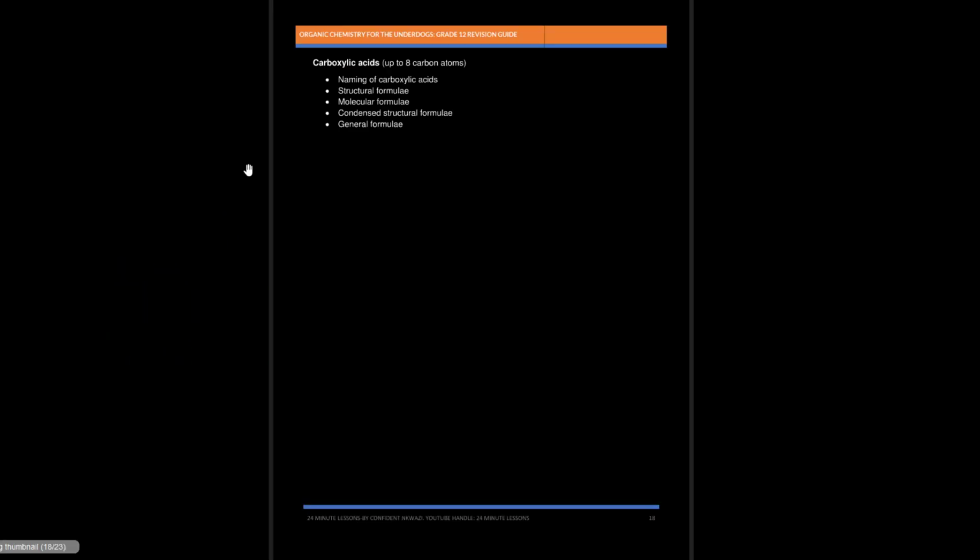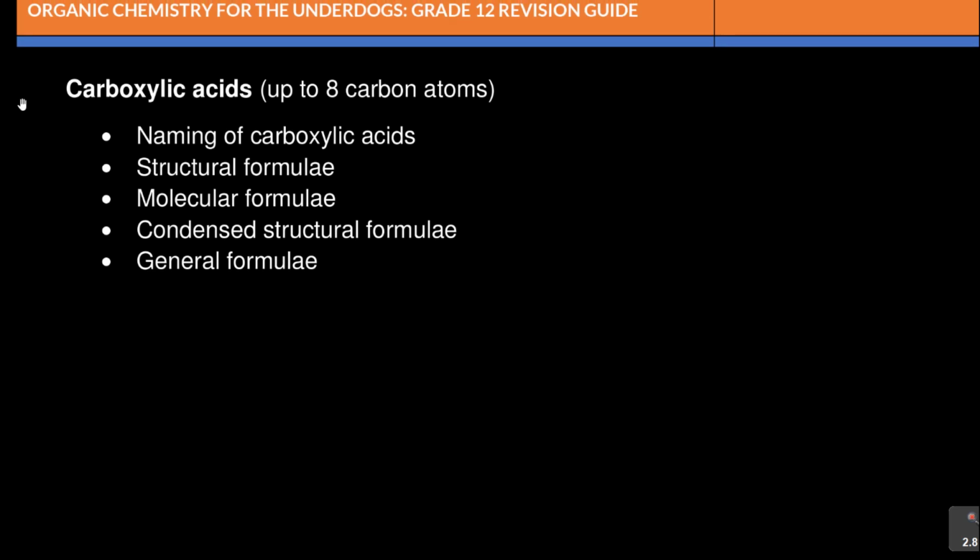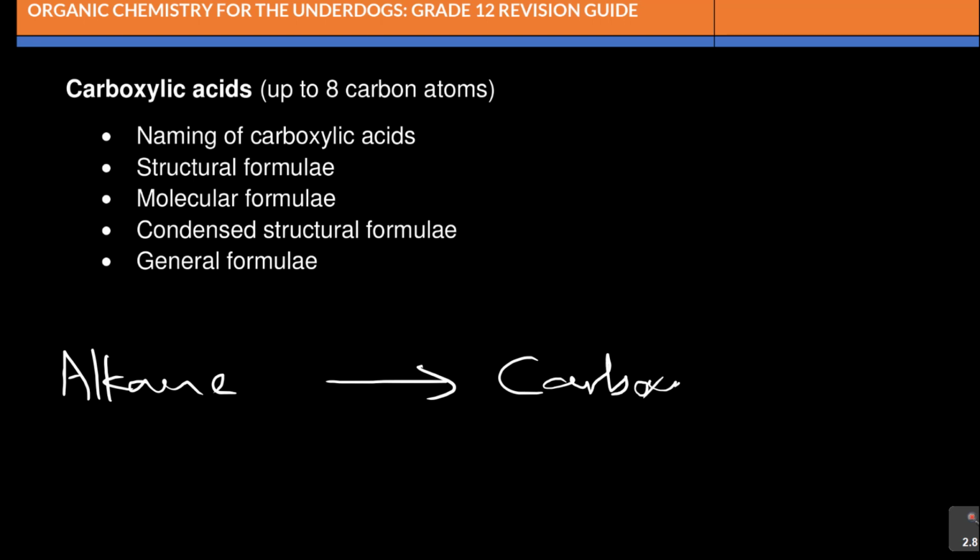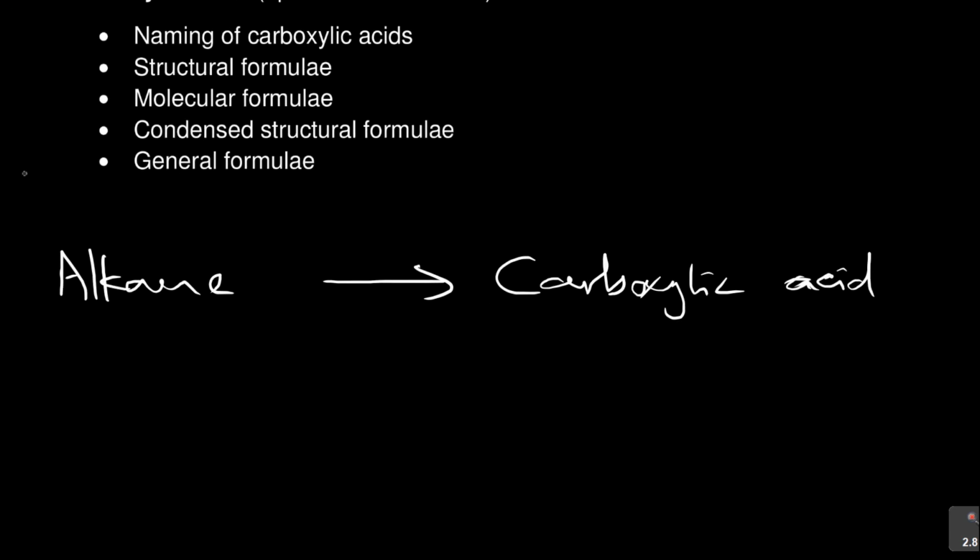The next one is carboxylic acids. And on the carboxylic acids, we said what you have when you move from an alkane, and then you're moving to a carboxylic acid. Now look at this. With the alkane, the E of the alkane is now changed to oic acid.